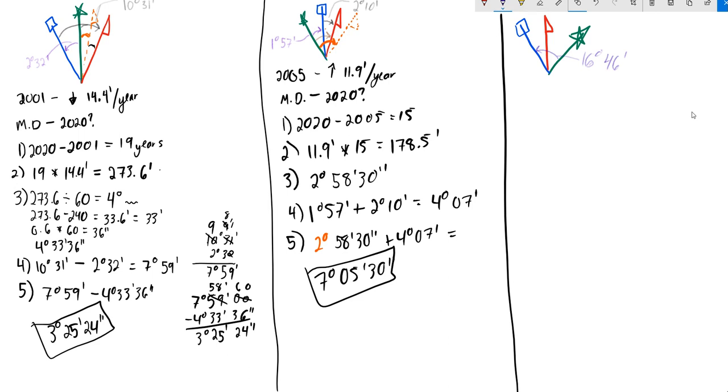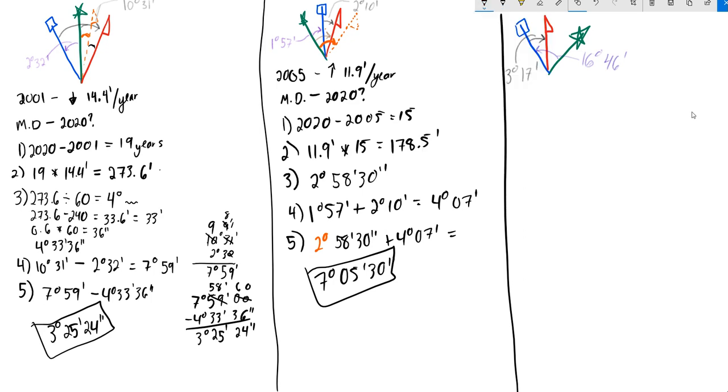Then we know that the grid declination, which goes from grid north to magnetic north, like that, is going to be 3 degrees, 17 minutes. So that's what's given to you. You will also know the year.